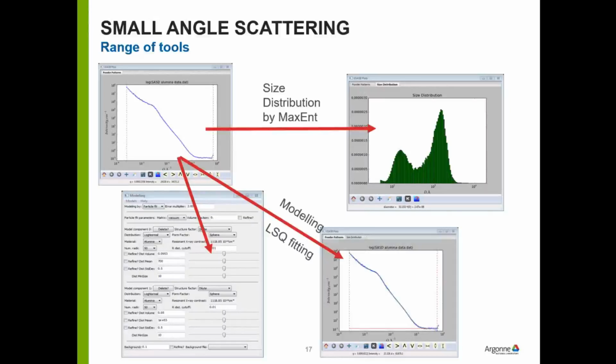You get a distribution that looks like this. So for this particular sample, the distribution actually has two different sizes in it. And you can then model that by choosing particle dimensions and particle sizes and the amount of them to give you a fit to the data.